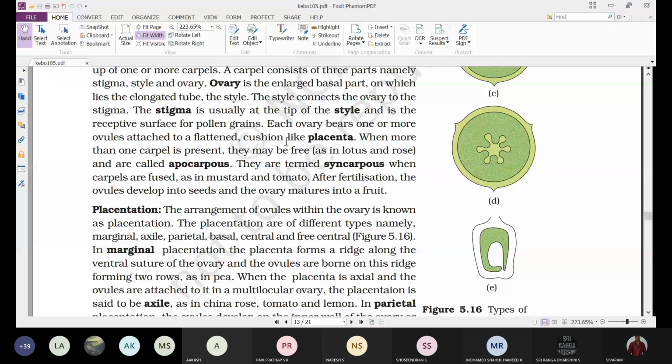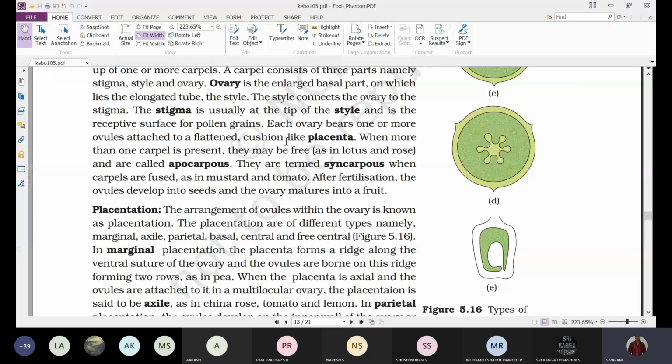In the same way, collect one lady's finger flower, take out the gynoecium, and cut it transversely in the middle, just as we cut the lady's finger fruit.